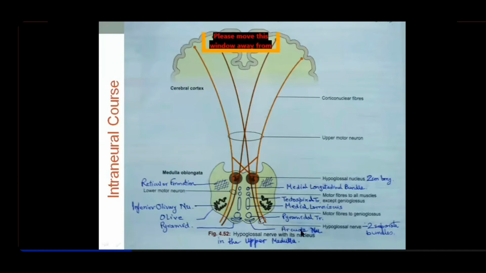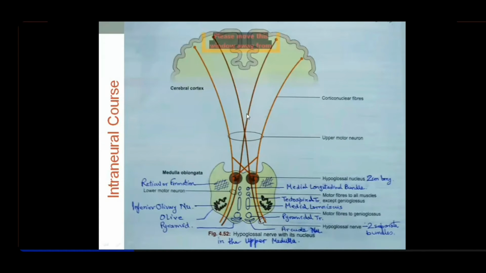So two separate bundles emerge, and then both of them join and pass through the canal placed anterior to the occipital condyles, called the anterior condylar canal or hypoglossal canal, through which the hypoglossal nerve emerges onto the base of the skull.